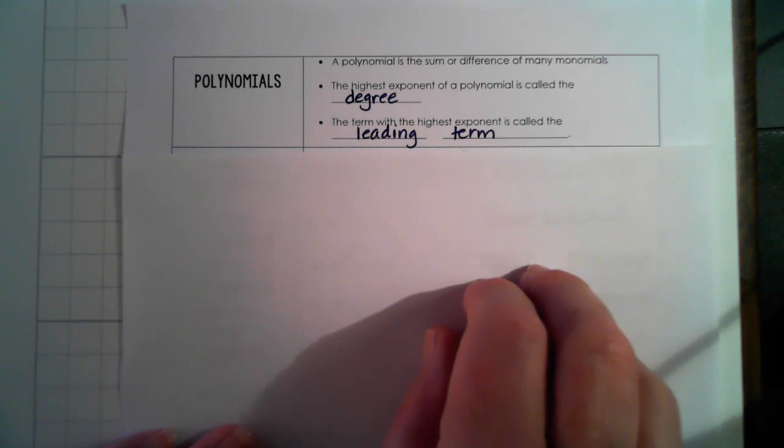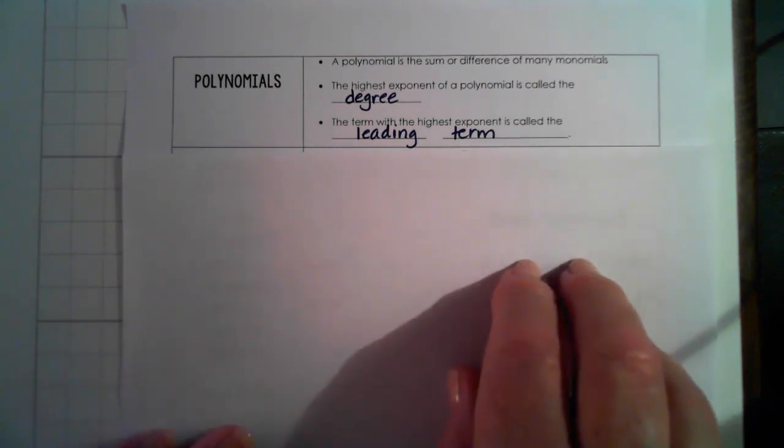And the term that has that highest exponent is called the leading term. So it doesn't matter where it's written in the list of the monomials that make up the polynomial. The term with the highest exponent is called the leading term.